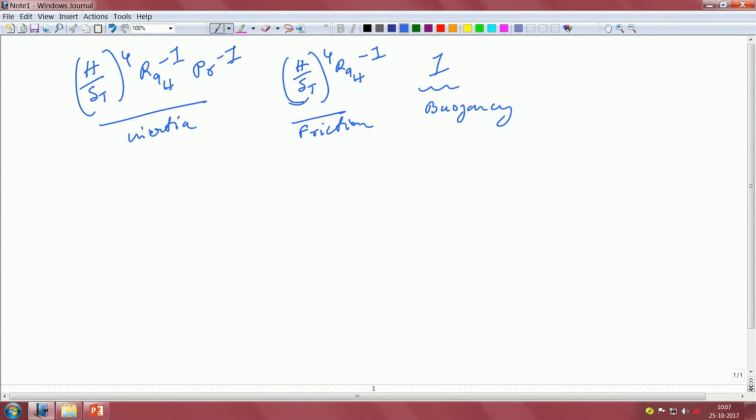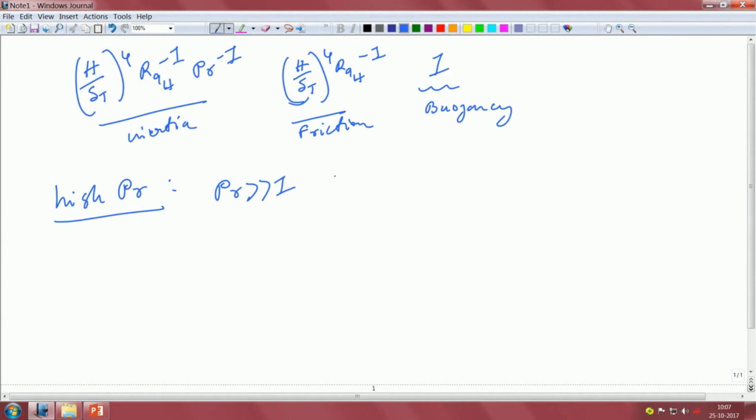So, depending on the value of your Prandtl number, we can have different types of scenarios, right. So, let us take the high Prandtl number fluid, which means its Prandtl number is much greater than 1. We are going to propose two extreme types of solution over here.